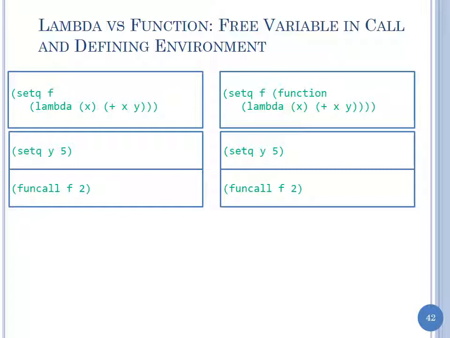Now I've set q y to 5 after the function definition. So we know what's going to happen here. What do you think is going to happen now with function? So now I setq f to a function, and the lambda is supposed to have the defining environment, and then I create y later, and I setq y later, and I do a funcall f2. Should I get an unbound error on the right-hand side now?